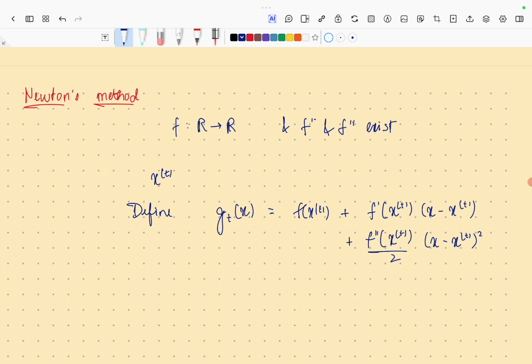So the right hand side is a quadratic function. Is this always guaranteed to have a minimum?